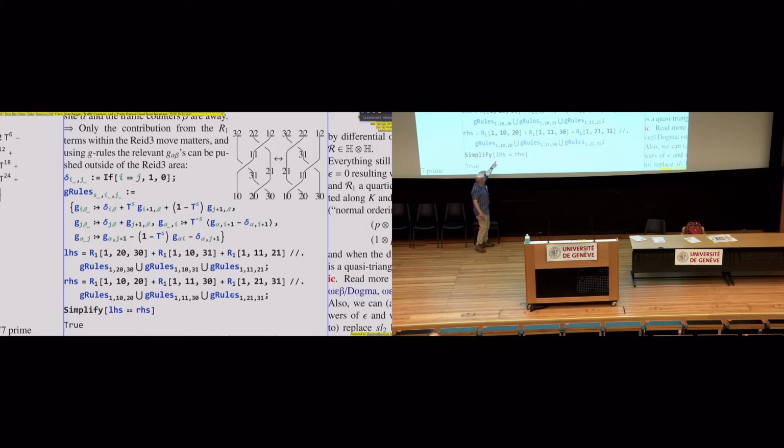I check if left-hand side is equal to right-hand side, simplify the answer, hit enter, the computer prints true, and therefore I know that it's an invariant. If you believe the computer, right. We checked pretty hard. In fact, the computation is just a paragraph of formulas. I'm just too lazy, okay?